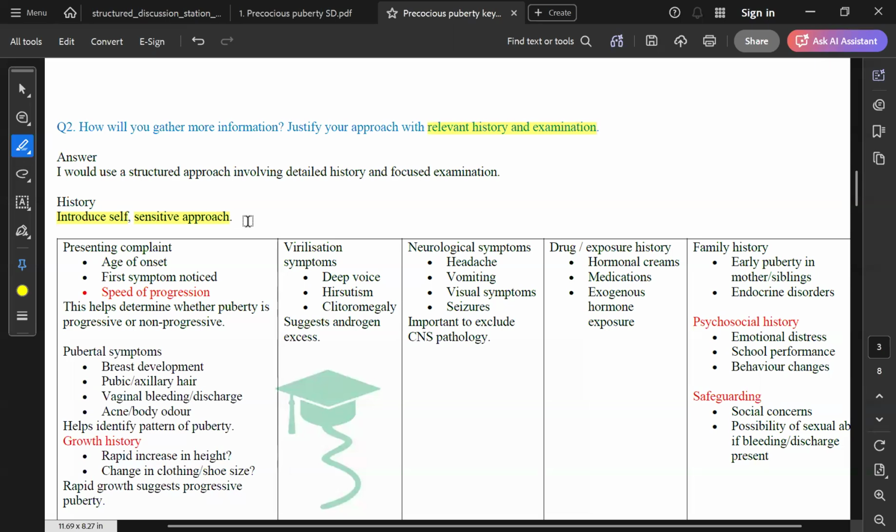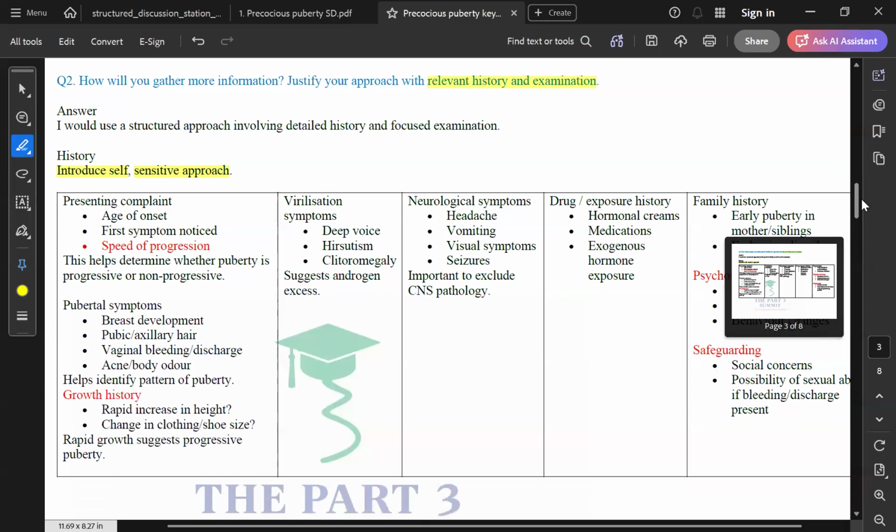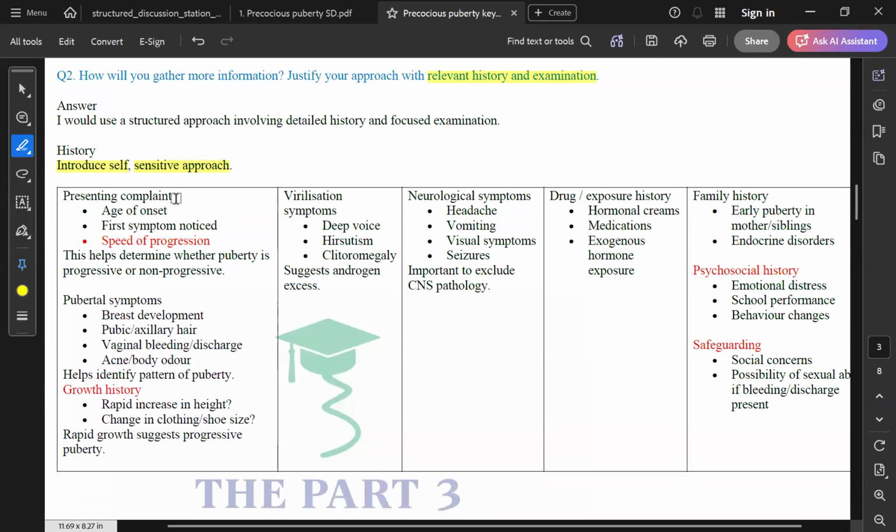Once this is done, you go to the crux of it, what you're actually going to do. You look at the presenting complaint. What symptom was noticed first, and most important is the speed of progression, whether it was rapid or slow in onset. That tells you about the reason why this precocious puberty is setting in.